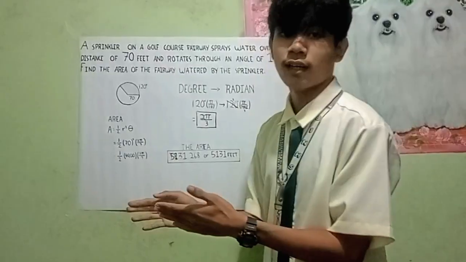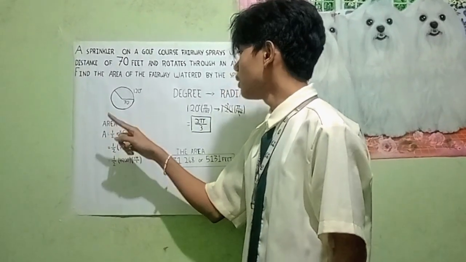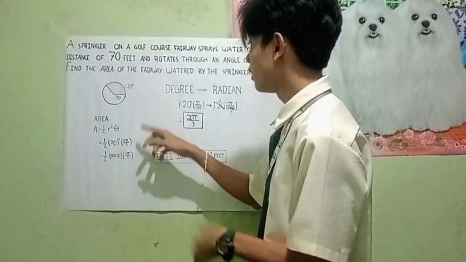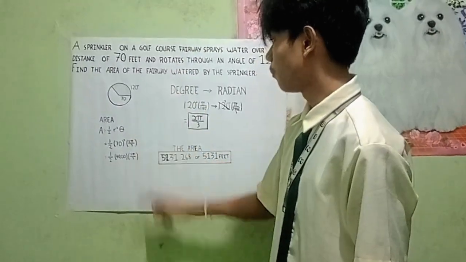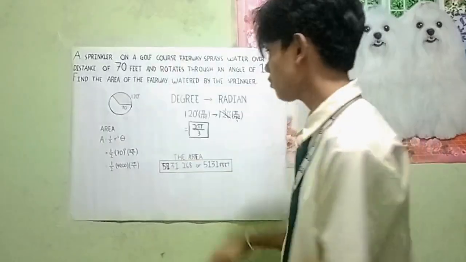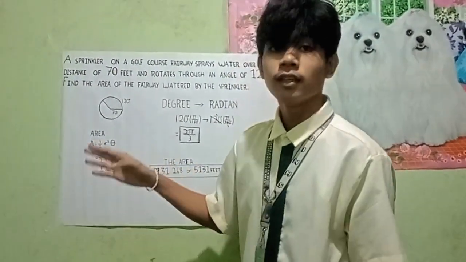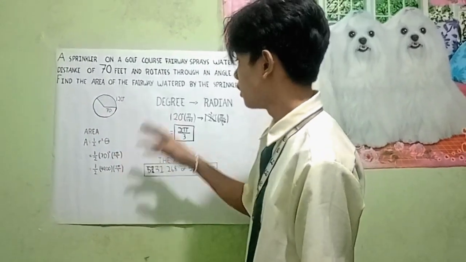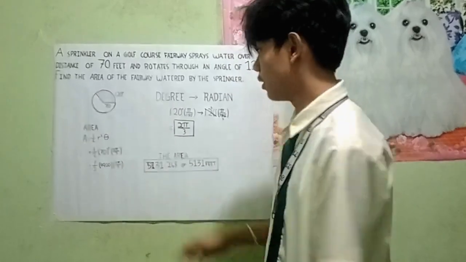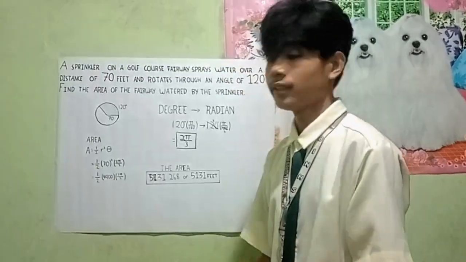How to find area? This is the formula of the area. A equals 1/2 times radius squared times theta. So let's substitute our given. 1/2 times 70 squared times 2 pi over 3. So first solve this 70 squared.